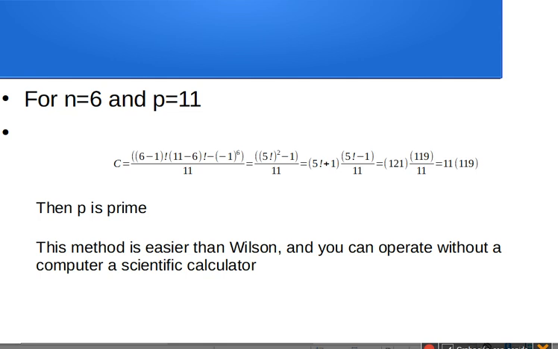And in another case, when we are using N equal 6 and P equal 11, we are going to conclude that P is prime. This method is easier than Wilson, and you can operate with a computer or a scientific calculator.